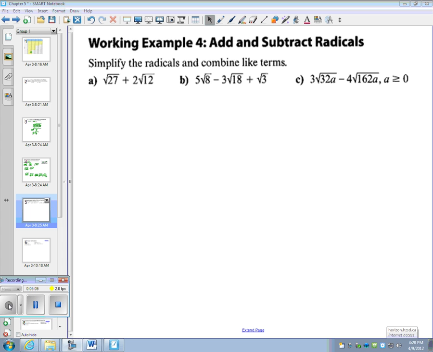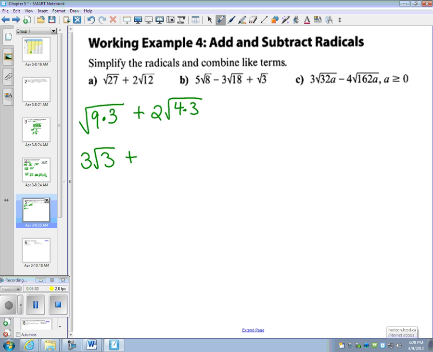So the square root of 27, we're looking for what perfect square goes into 27. Well, that's just 9 times 3. Okay, and 12, the perfect square there is 4. 4 times 3. Simplifying, the square root of 9 is 3, so we're left with 3 root 3 plus the square root of 4 is 2.